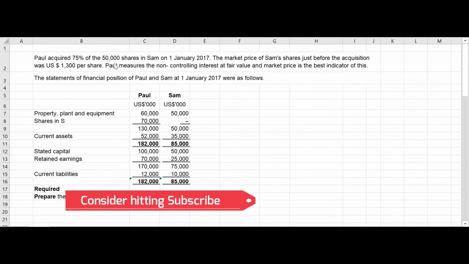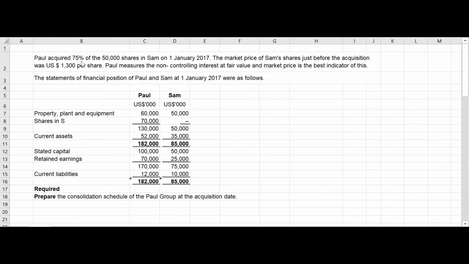Paul acquired 75% of the 50,000 shares in SAM on 1st January 2017. So Paul has acquired 75% of the shares of SAM company. The market price of SAM's shares just before the acquisition was $1,300 per share. Paul measures the non-controlling interest at fair value, and the market price is the best indicator of this.